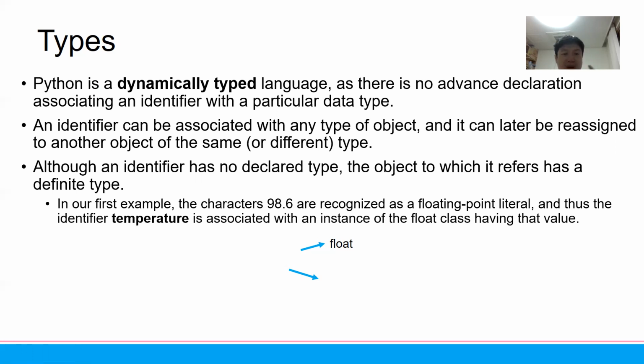Let's say you are assigning 98.6 as a floating point to a variable, the temperature. Python can know that it is a float, and if you want to change it to 35, from float to integer, then it automatically changes the temperature to an integer value.